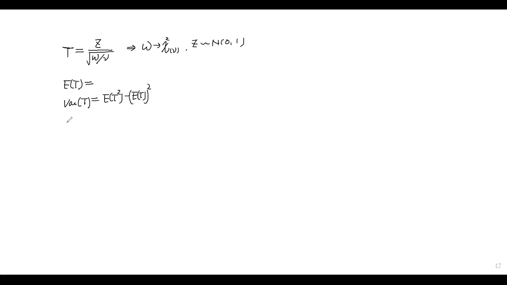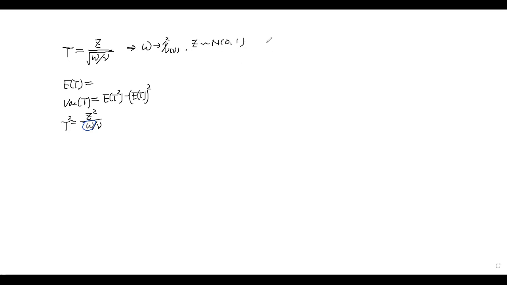If you take a look at T squared, it is Z squared over W over V. So you see the reason: W is on the bottom. If I know the expected value of 1 over W, then I'd be able to easily find the variance of T. That's why I chose to do this problem.